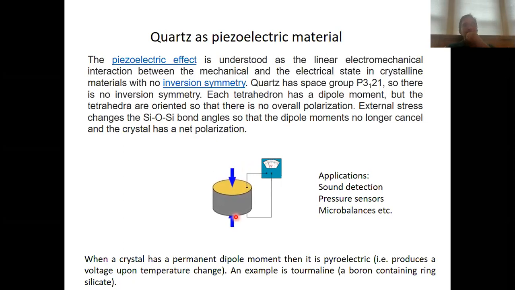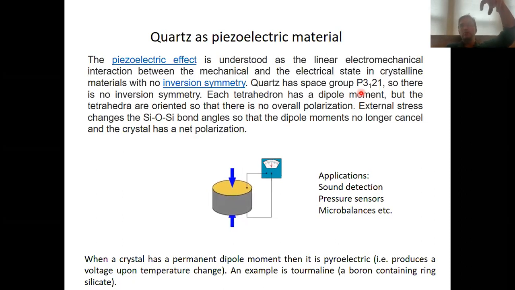Okay, so in the case of quartz, the crystal does not overall have a dipole moment, no permanent dipole moment, even though there is no inversion symmetry. Actually, each tetrahedron does have a dipole moment, but the tetrahedra are arranged in the crystal structure so the dipole moments cancel out.